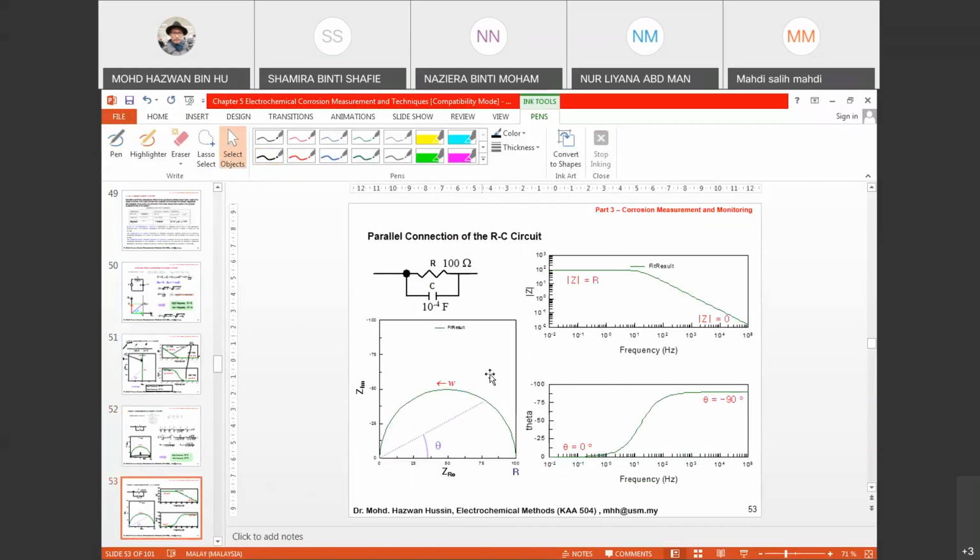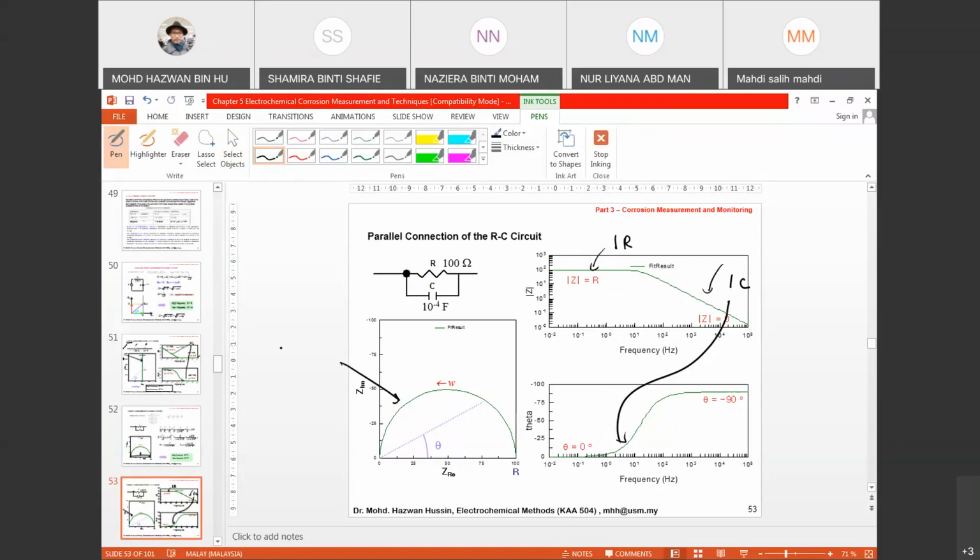But from this Bode plot, you see that I have one resistor, one flat line, and one gradient, or half a peak, which indicates that you have one capacitor.